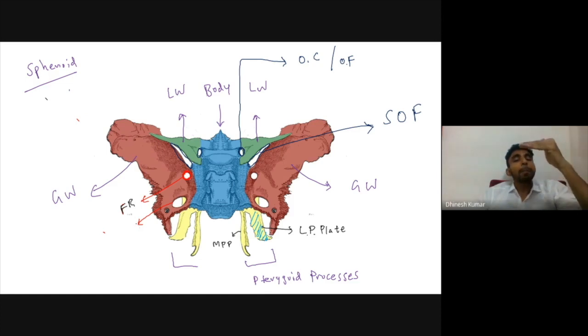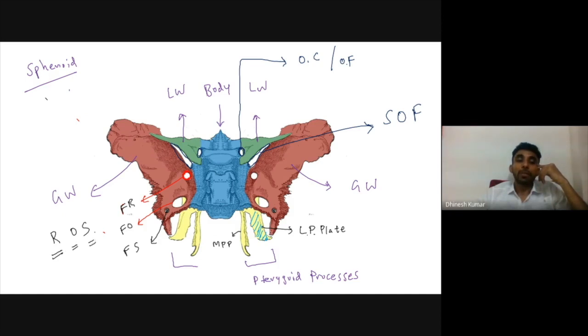Just behind and lateral to the foramen rotundum, we have one oval shaped opening called as foramen ovale, and just behind and lateral to the foramen ovale, we have one opening called as foramen spinosum. Okay, so ROS: foramen rotundum, foramen ovale, foramen spinosum. All these three foramina are present within the greater wing of sphenoid bone, right?